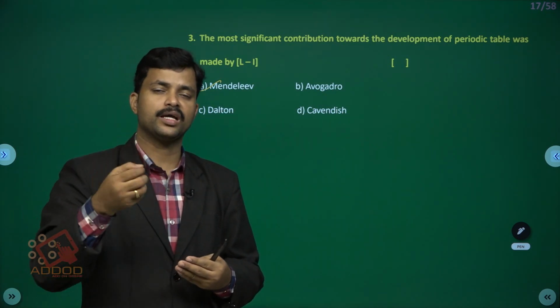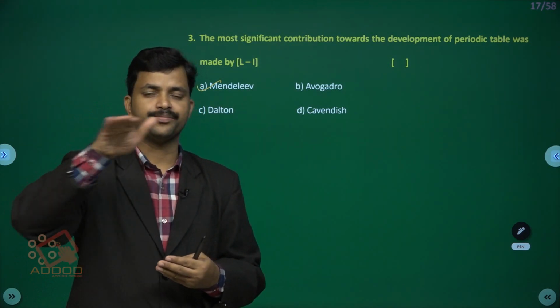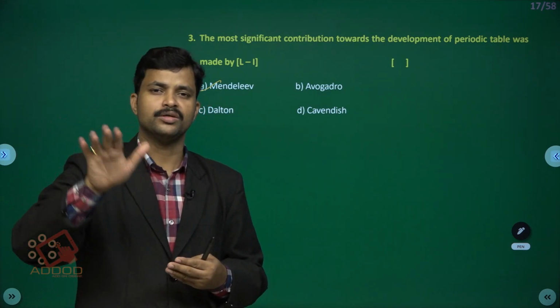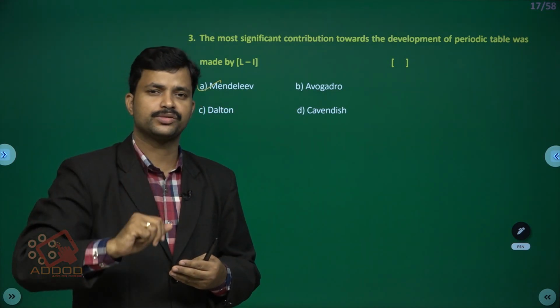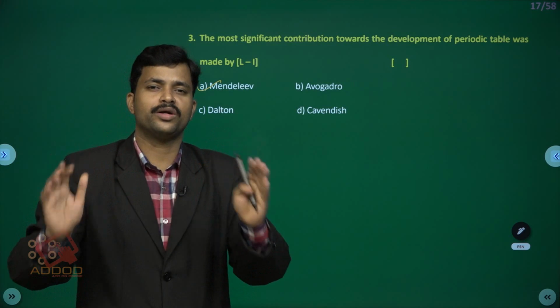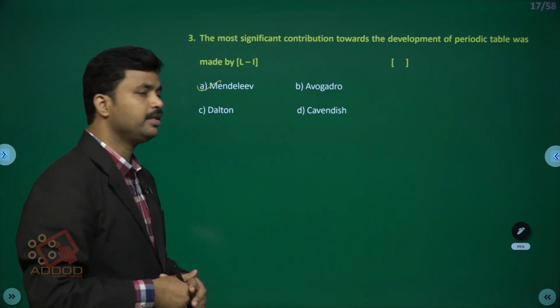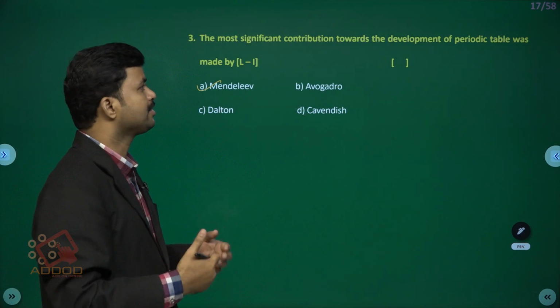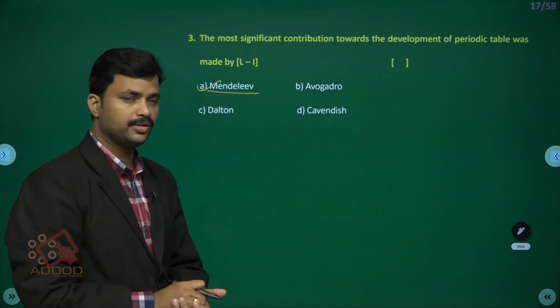Many properties were given accountability. Many properties came into a trend, either decreasing or increasing order. A trend was given to the elements by organizing them in an order. That better work was given by Mendeleev. Okay, but still there are some drawbacks. Mendeleev has done the job.